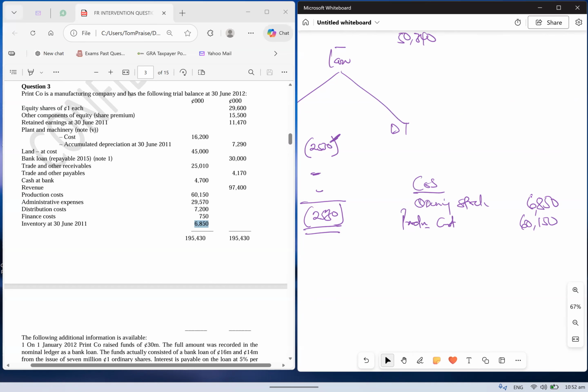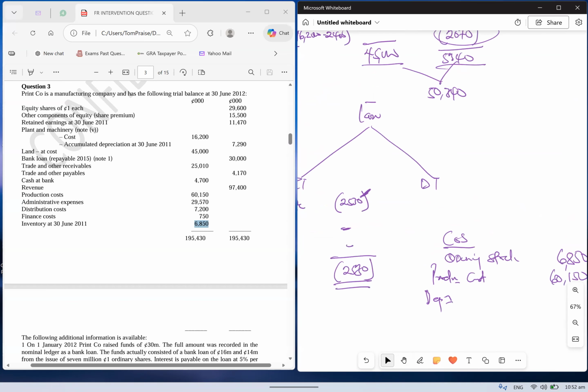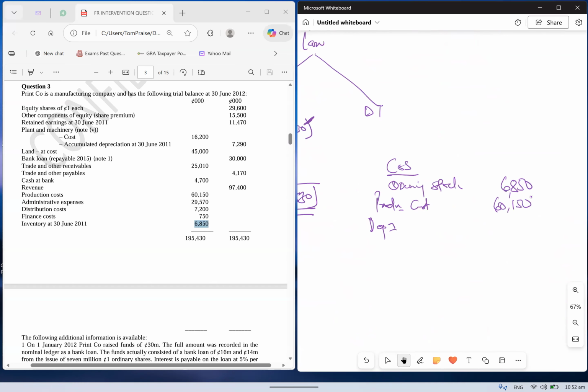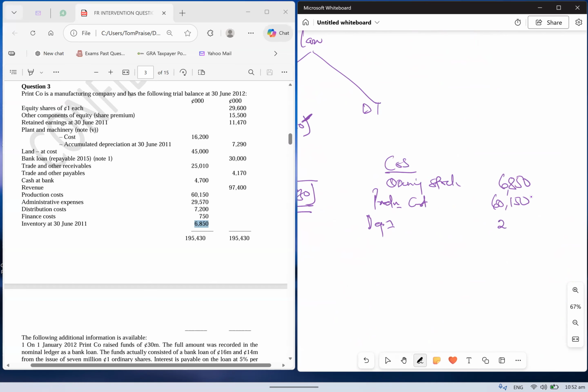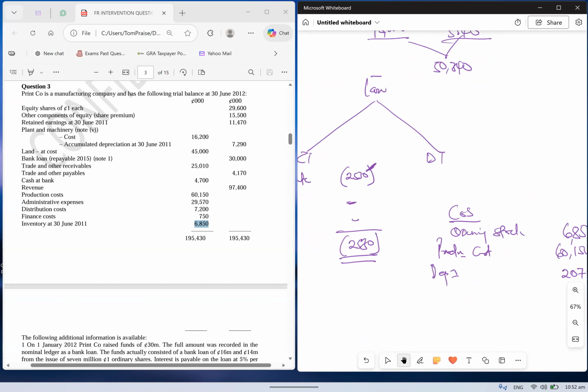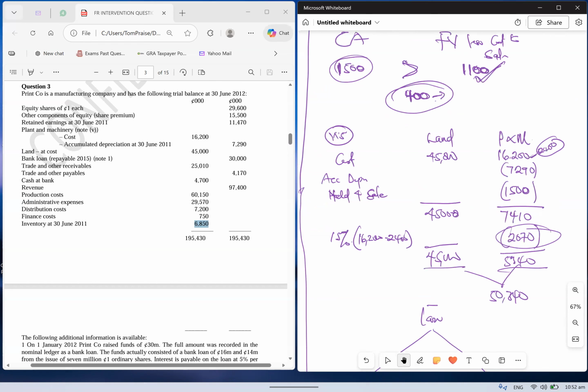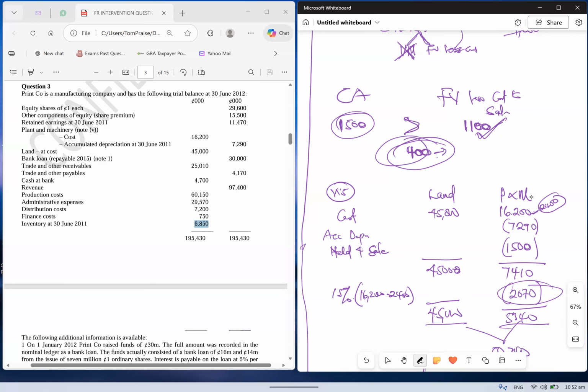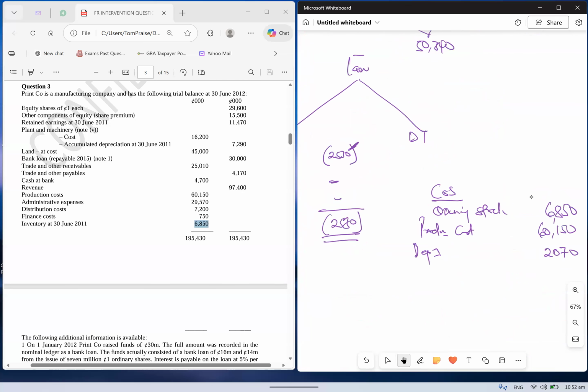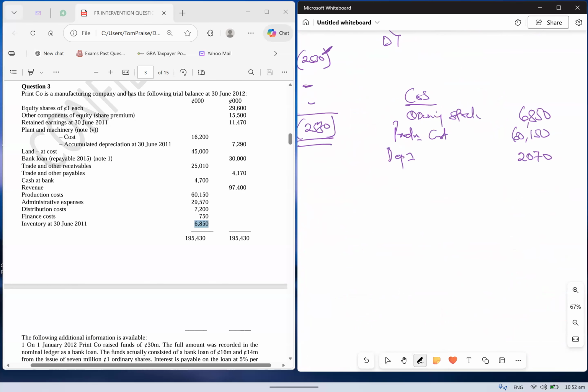Then we now need to do the depreciation that is coming to cost of sales. How much is the depreciation? 2070. Then there was another thing that we said will go to cost of sales. Held for sale, 400.